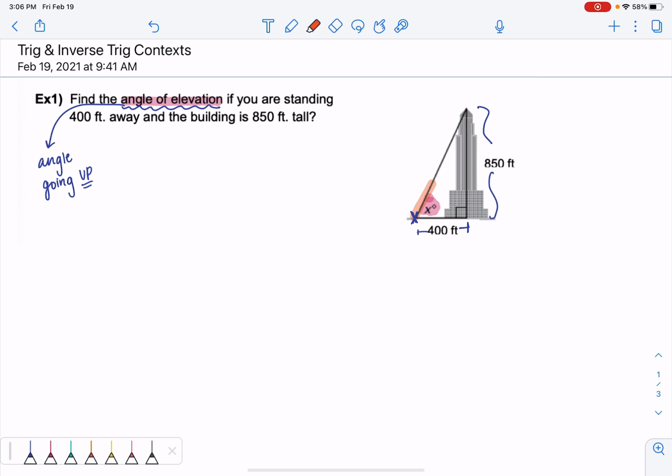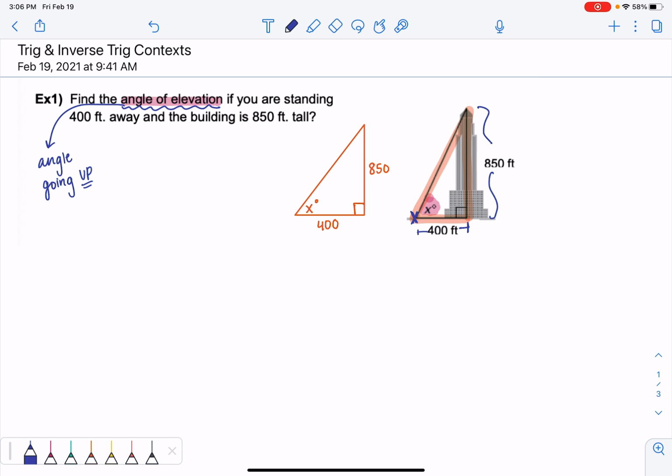We want to outline our right triangle, and let's draw it on the side here where we have the right angle. X degrees is our angle, 850 is our height, and 400.